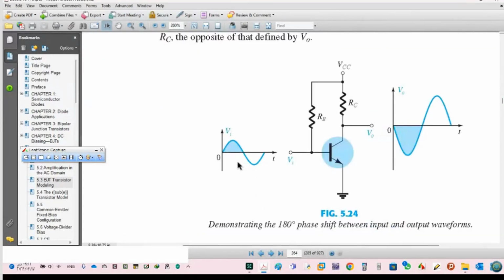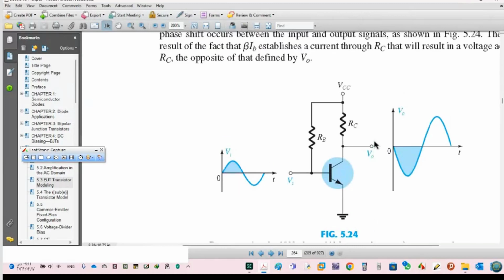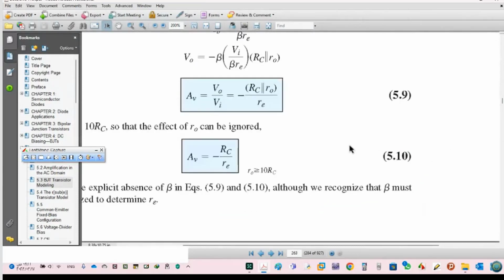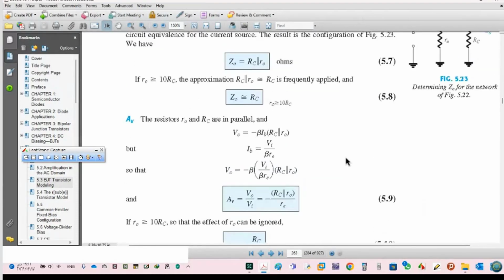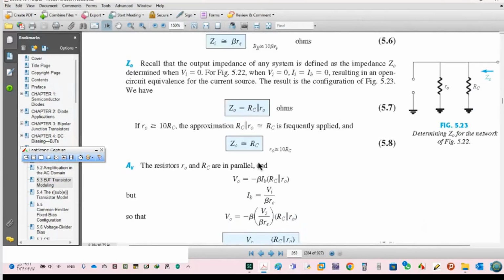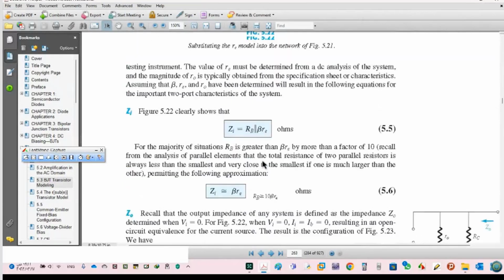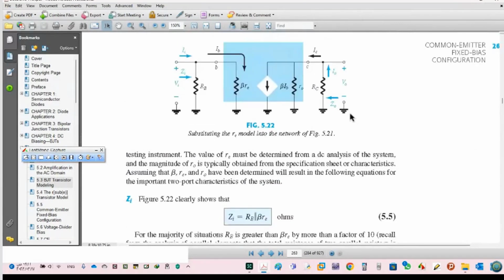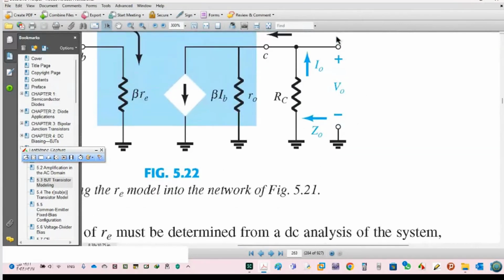If I have input, I have flipped output. Why is this? Returning back to the previous lecture, and here we have, see this, VO is minus. Where is VO? This one, VO. Exactly. Now, let's solve for common emitter, repeat, and return back to the common base. Yes, give me this.